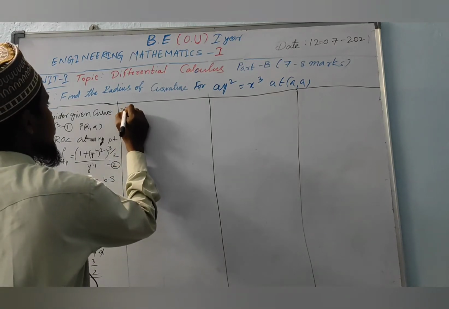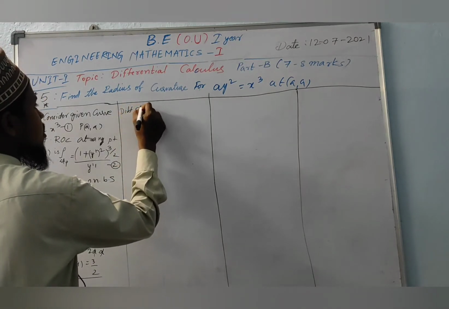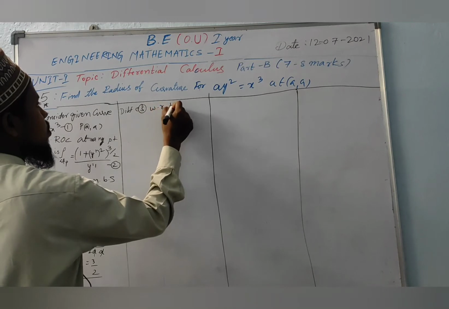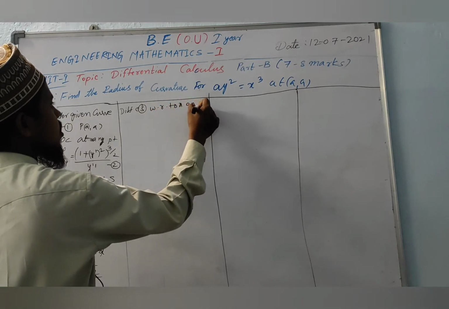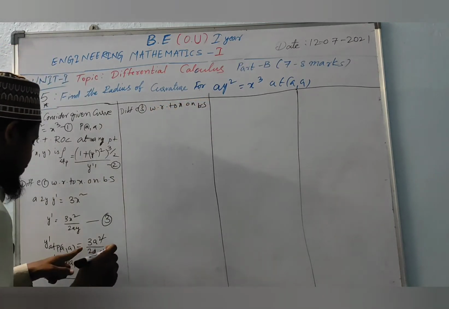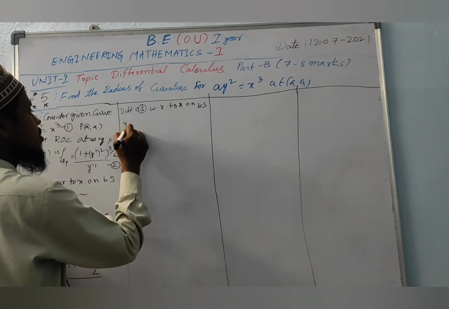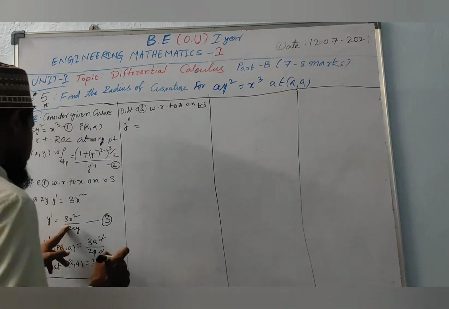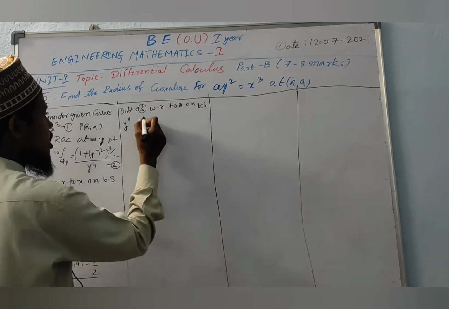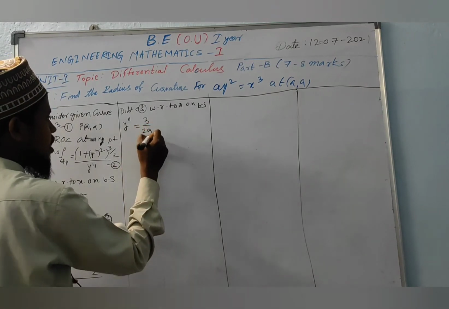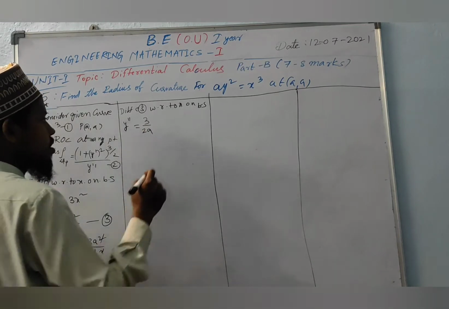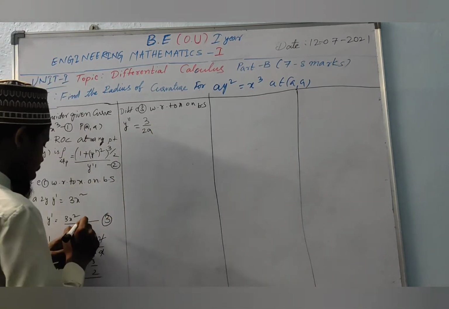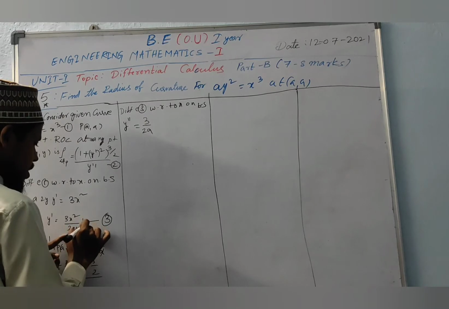Now, differentiate equation 3 with respect to x on both sides. Differentiation of y dash is y double dash. Now, 3 by 2a is constant. So, x square by y, this is u, this is v, u by v.